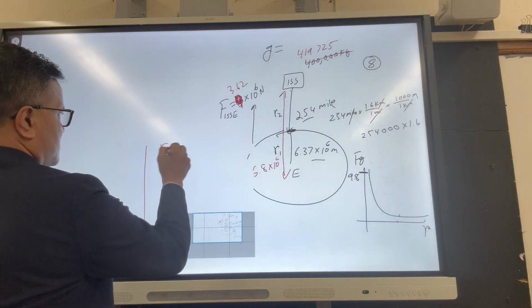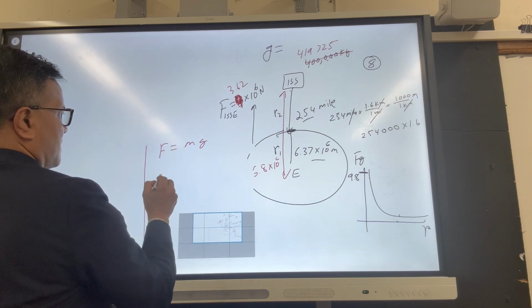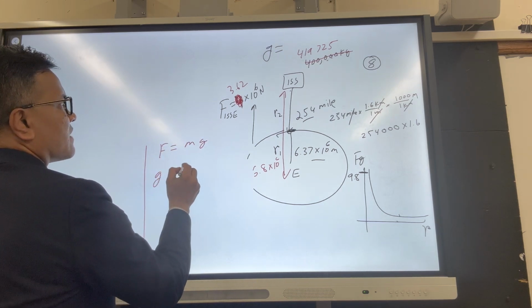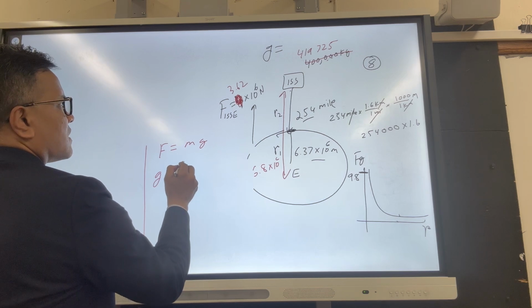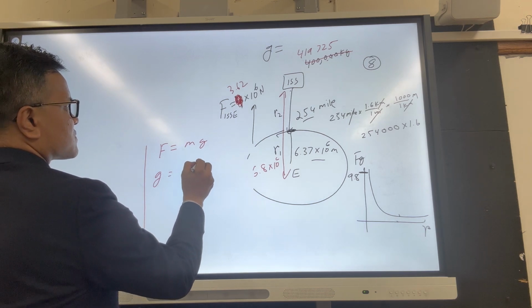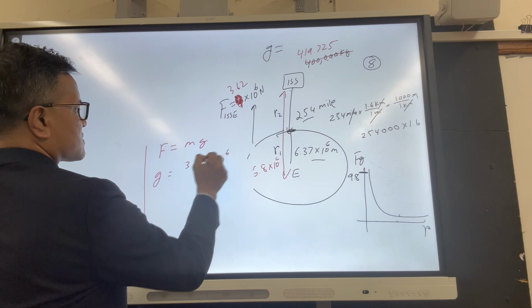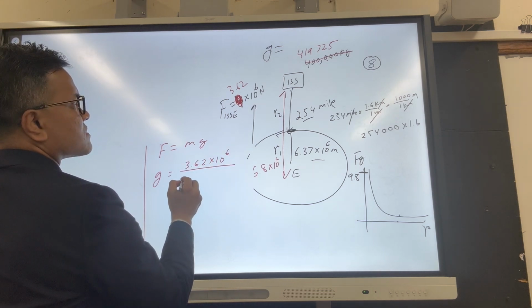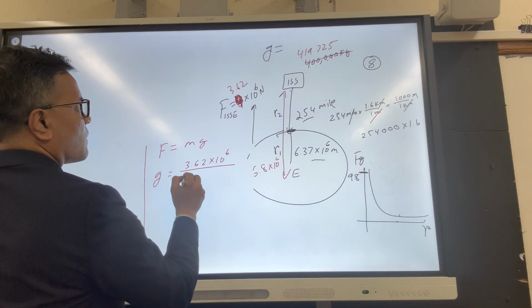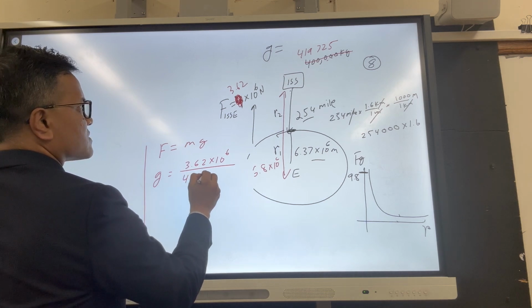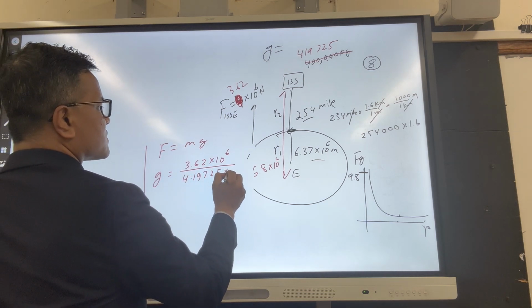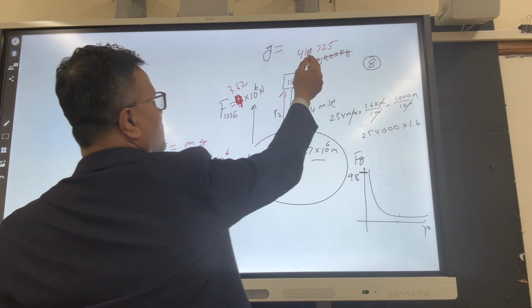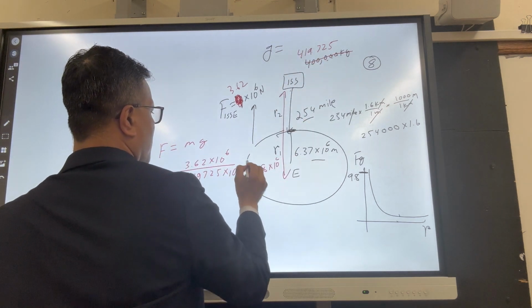So F is equal to mg. We want to find the field. F is 3.62 times 10 raised to 6, and this is 4.19725 times 10 raised to 5.